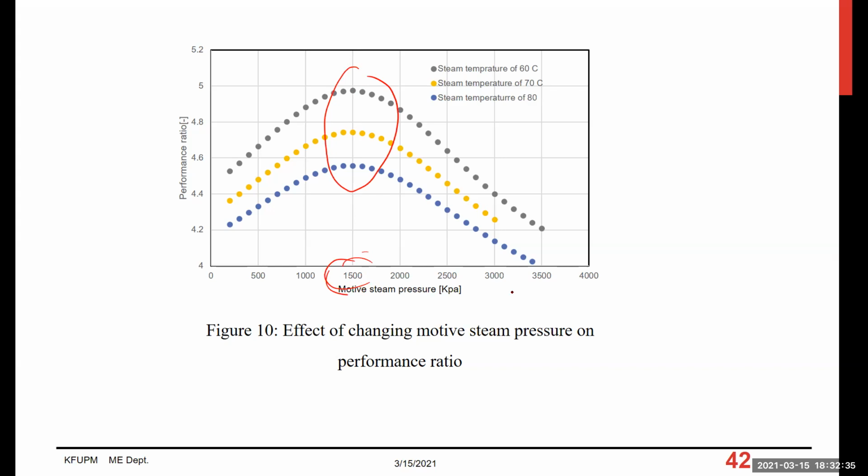Because if you are going to extract steam from a low pressure turbine, then it will be steam of low pressure and temperature and high specific volume. High specific volume means that you need bigger pipes to drive the steam in.